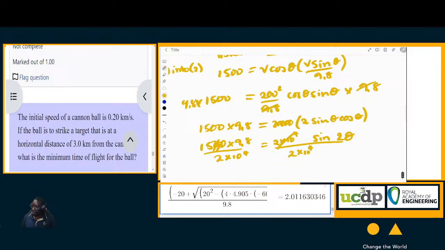Once we have that, we can now divide 15 times 9.8 by 20,000, because the sin should be a fraction. That's why I was worried. If we remove the zeros, we remain with 2 zeros there. So 15 times 9.8 divided by 2 times 10 to the 2, which is divided by 200, gives 0.735.